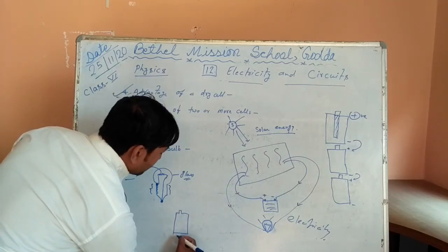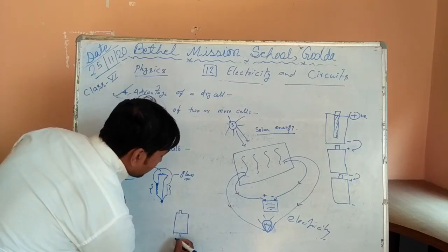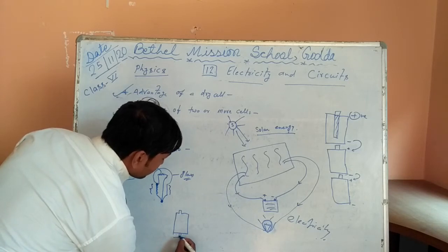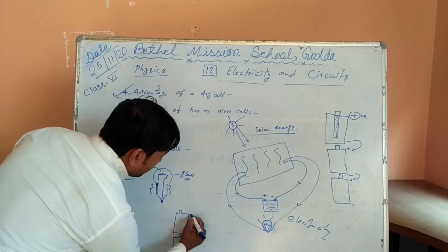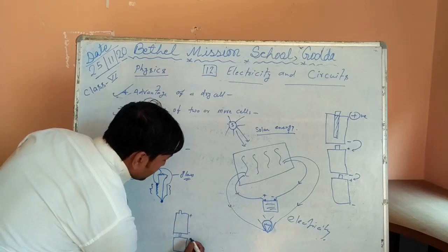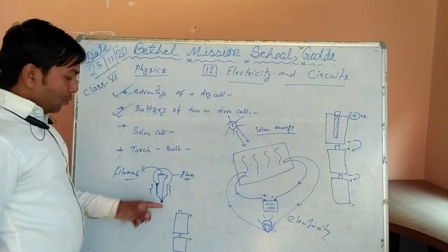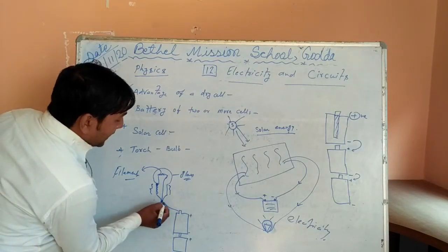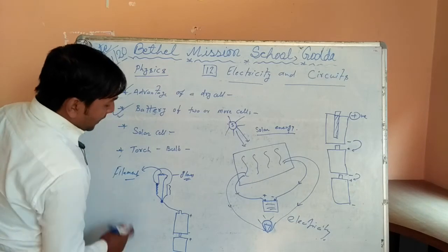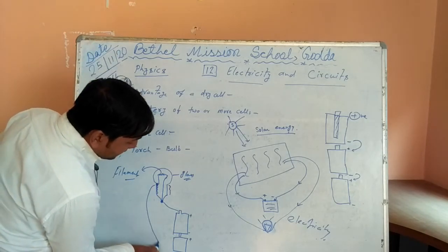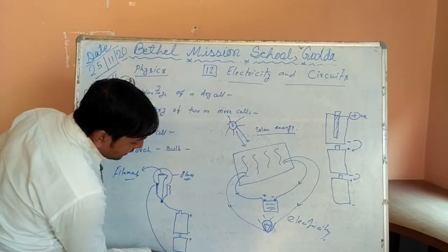And this is connected when you connect two or more dry cells, positive and negative. So one part should be connected to one terminal, and the other should be connected to the other terminal.